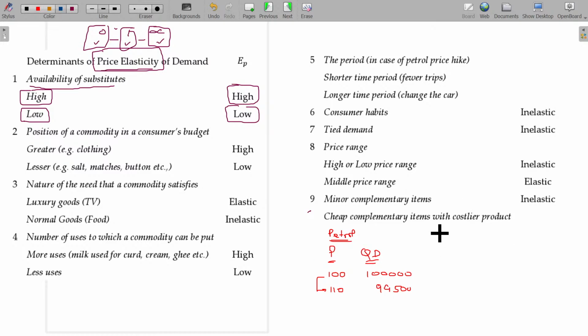Then when it comes to tea, price of tea being 10, quantity demanded per month being 100. If the price is 20, what happens then? The quantity demanded being only 30 or 40, because we immediately shift to coffee.